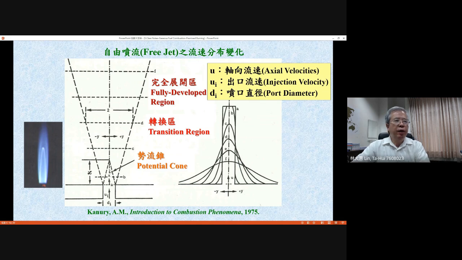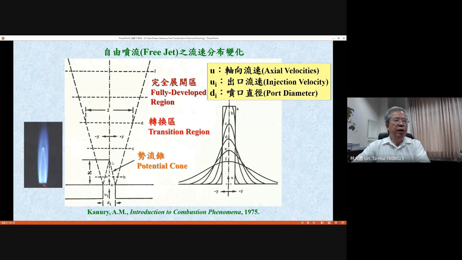When you go further, there is a final point. Gradually, from cross section A moving to the downstream side, you will find the region of uniform axial velocity becomes smaller. At the final point, the axial velocity is exactly equal to the injection velocity.